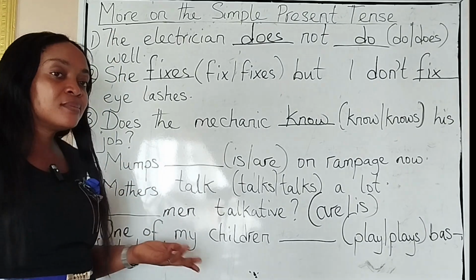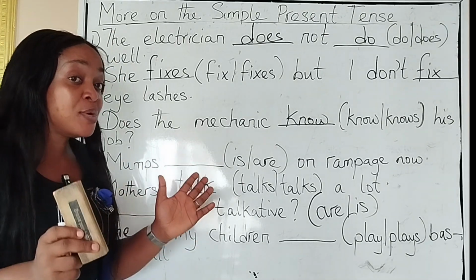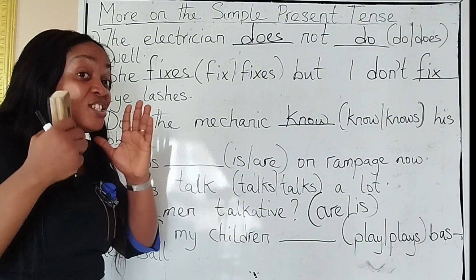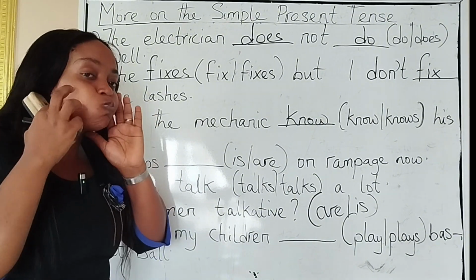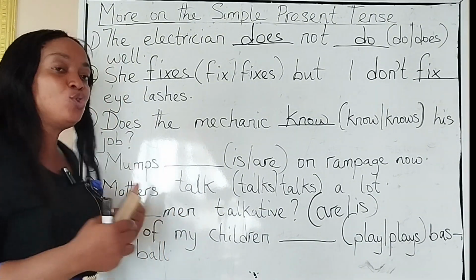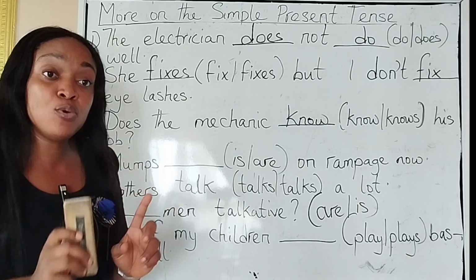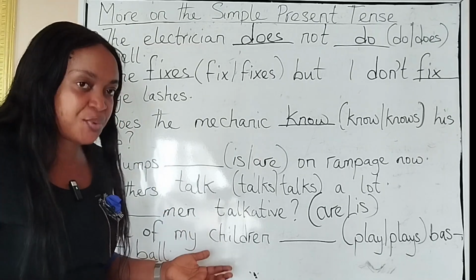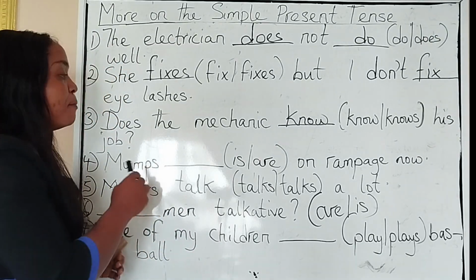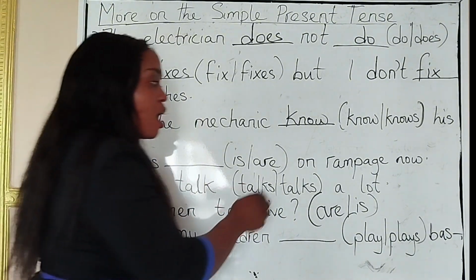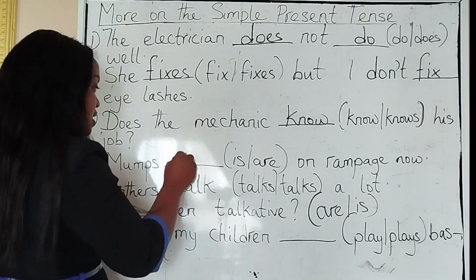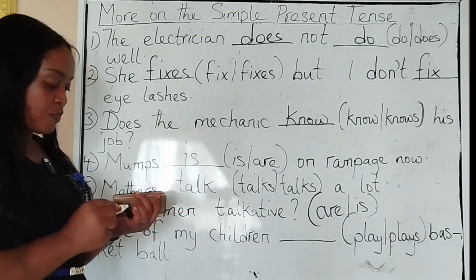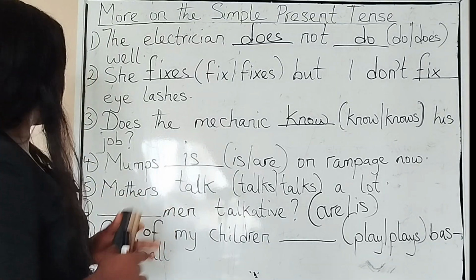And mumps simply means that very sickness that enlarges your jaw. You don't look at it as plural. It's just a sickness, just like malaria. Okay, now let's do this. Mumps is or are on rampage now. The answer is is. It's a sickness.